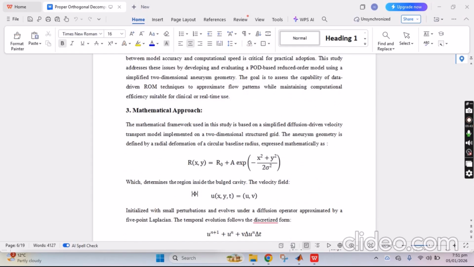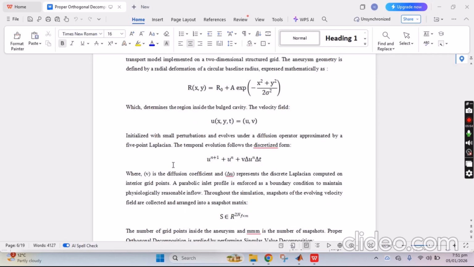So here is the mathematical approach, like how we have developed the aneurysm geometry through radial deformation. And here is the bulge cavity velocity field.